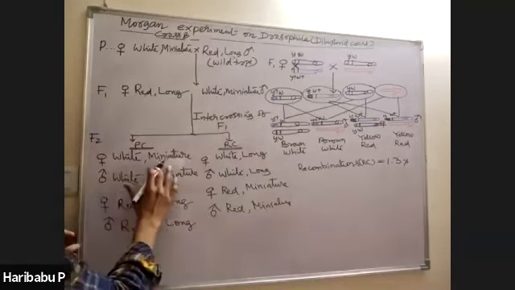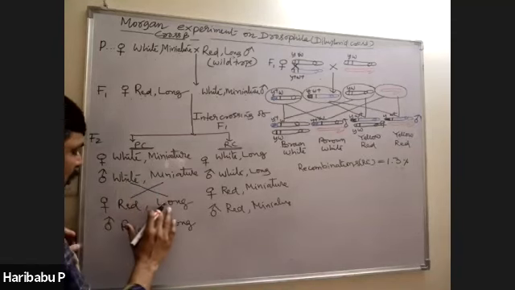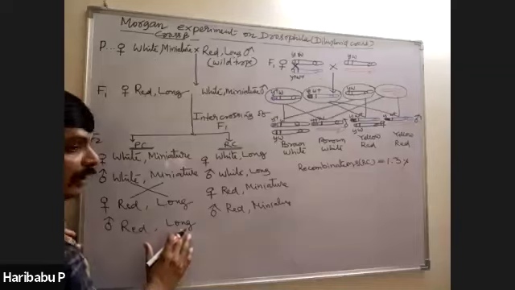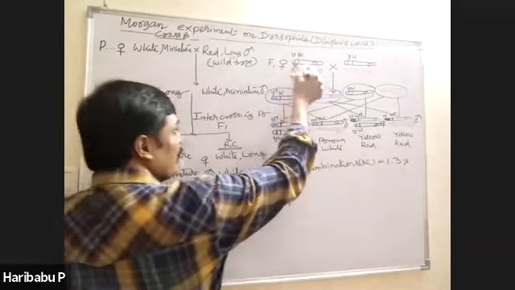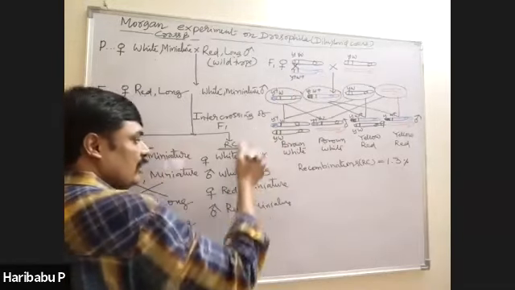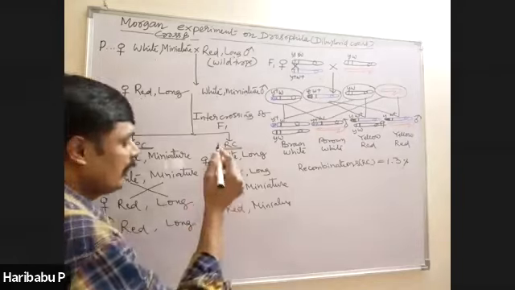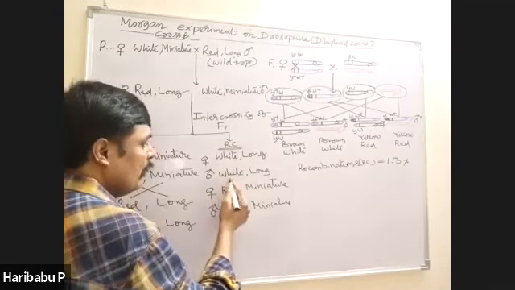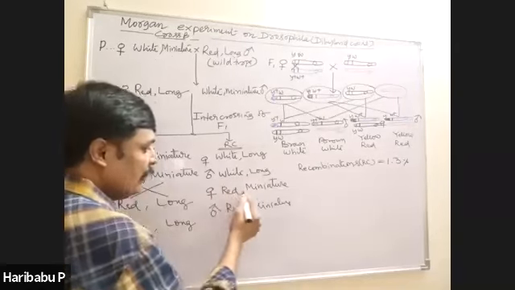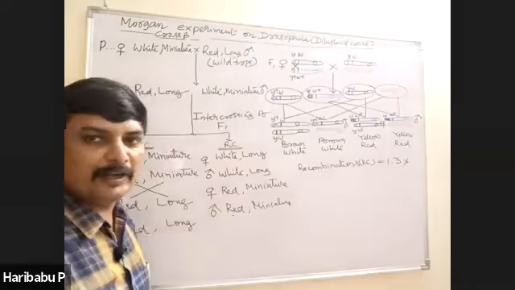So white miniature female, white miniature male, red long female, red long male are obtained. And the recombinations, that means crossing over occurs here, and as a result recombinations are also produced. The recombinations are white long female, white long male, red miniature female, red miniature male.